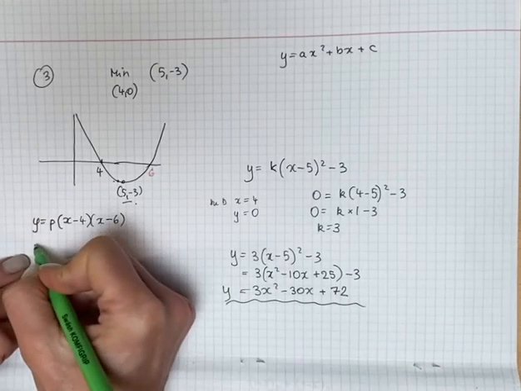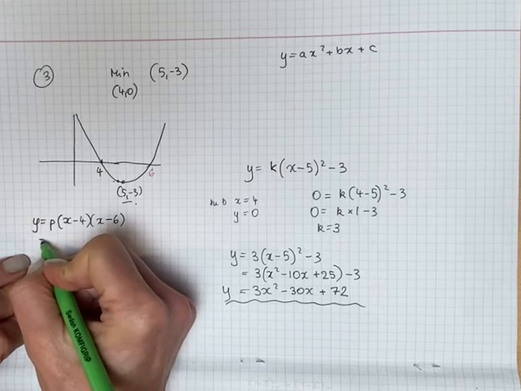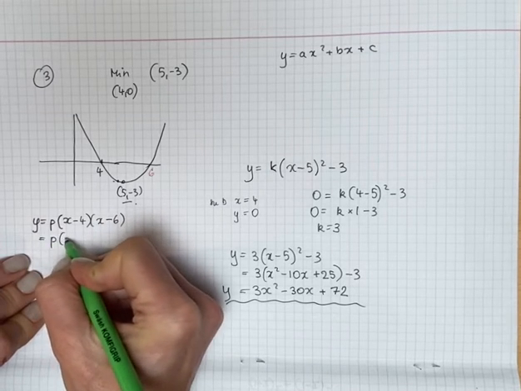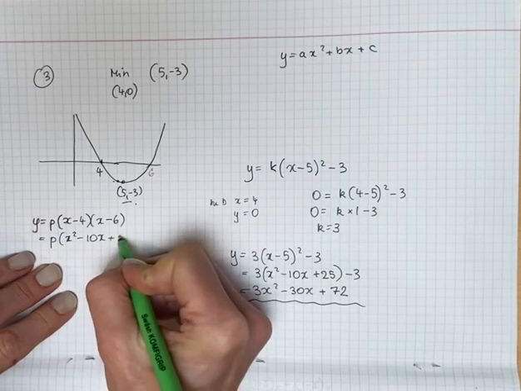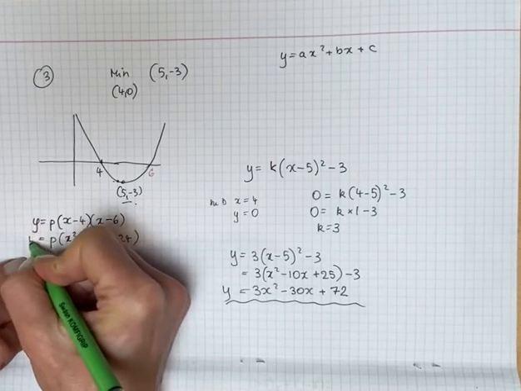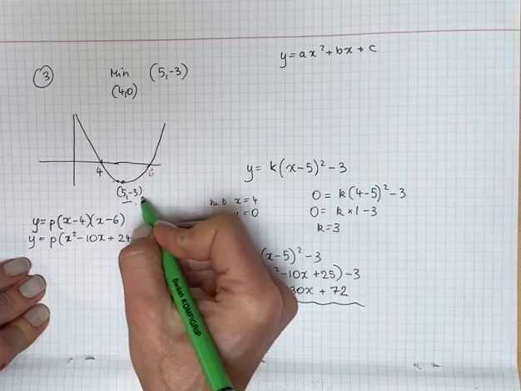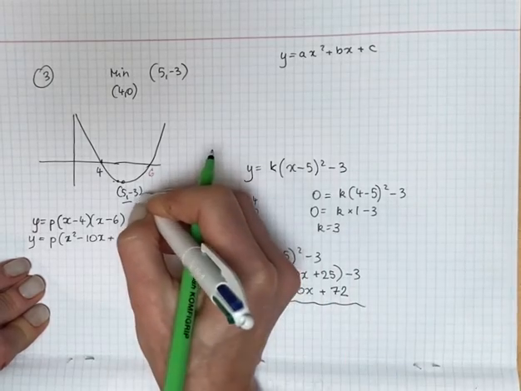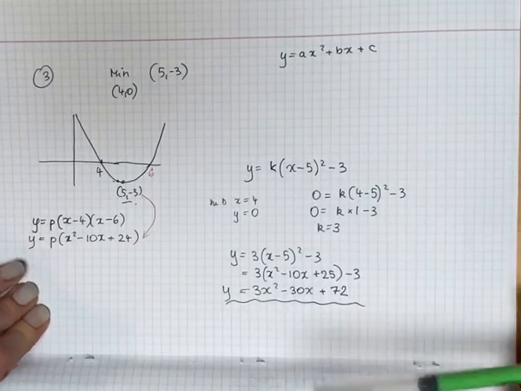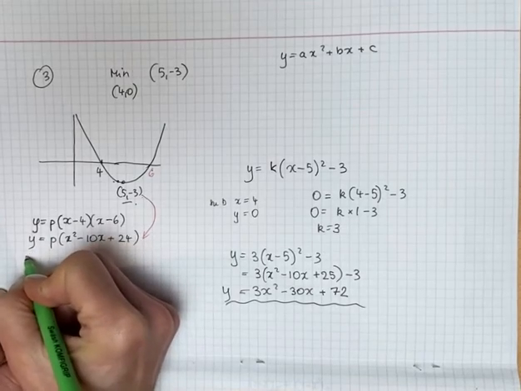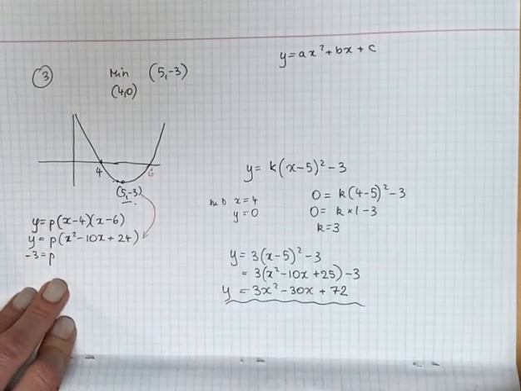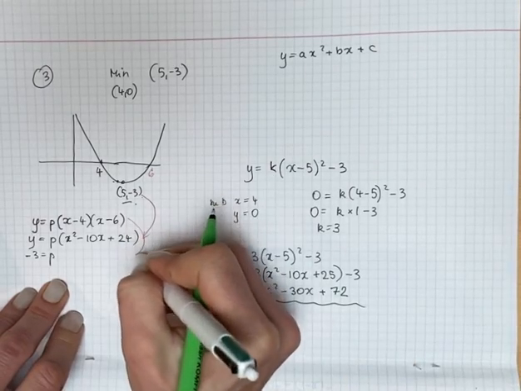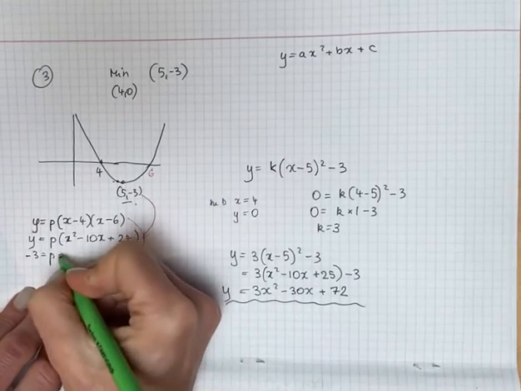If you expand it, you have p times x squared minus 10x plus 24, and we can substitute the coordinates of the point we are given, the minimum point. I could have actually substituted into the factorised form, I don't know why I expanded it, it would be easier.